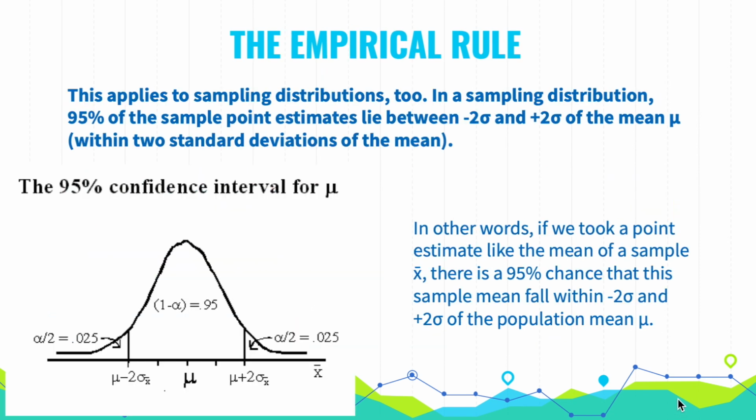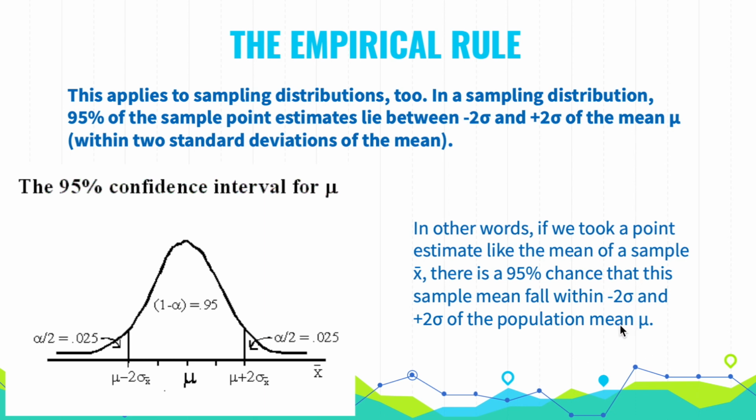And this applies to sampling distributions too. Remember, in a sampling distribution, 95% of the sample point estimates lie between minus 2 standard deviations and plus 2 standard deviations of the mean mu, or in other words, within 2 standard deviations of the mean. In other words, if we took a point estimate like the mean of the sample, x bar, there's a 95% chance that this sample mean will fall within minus 2 standard deviations and plus 2 standard deviations of the actual population mean mu.